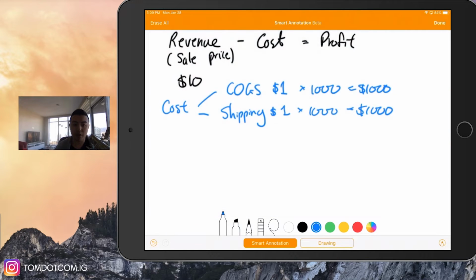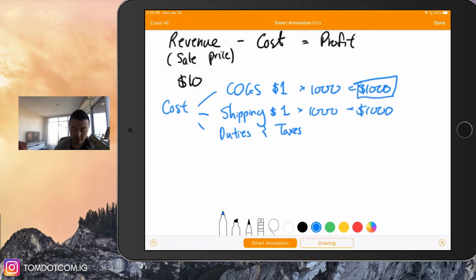Now, the other part that is going to be a cost is your duties and taxes, right? So right here, I'm going to put duties and taxes. Duties and taxes is usually a percentage of your COGS, right? It's usually a percentage of this number.